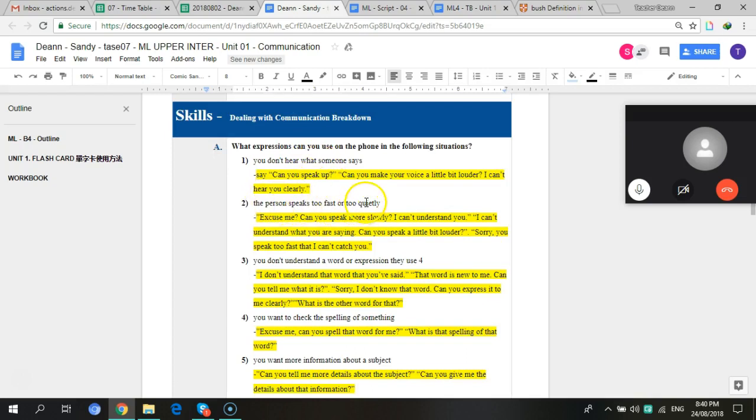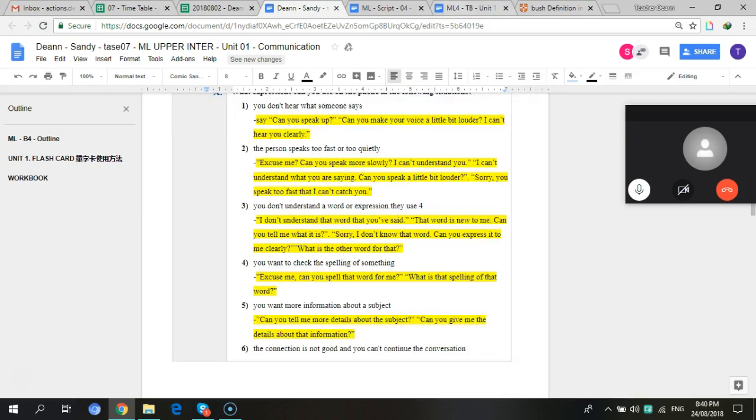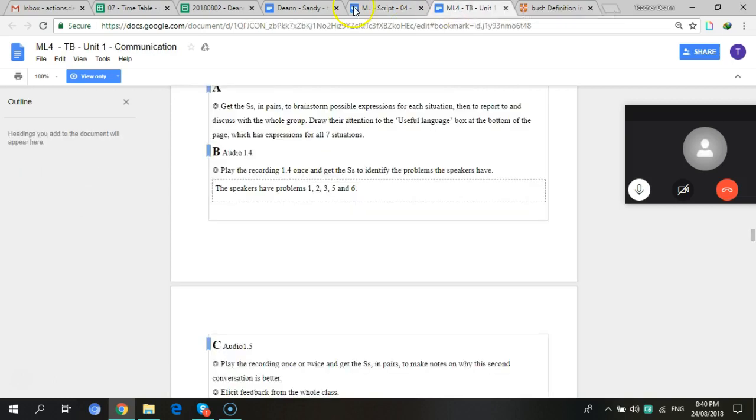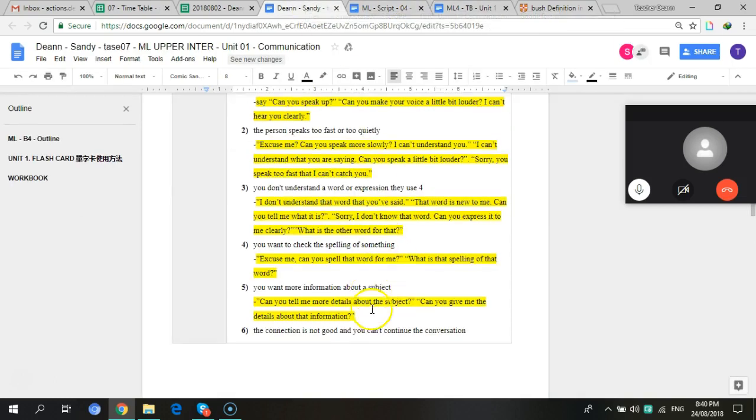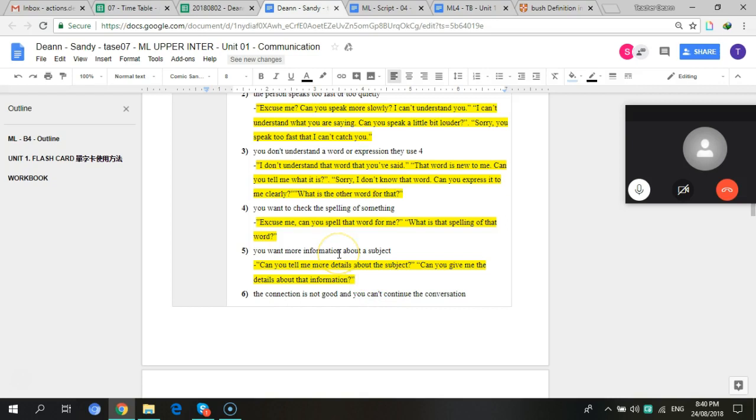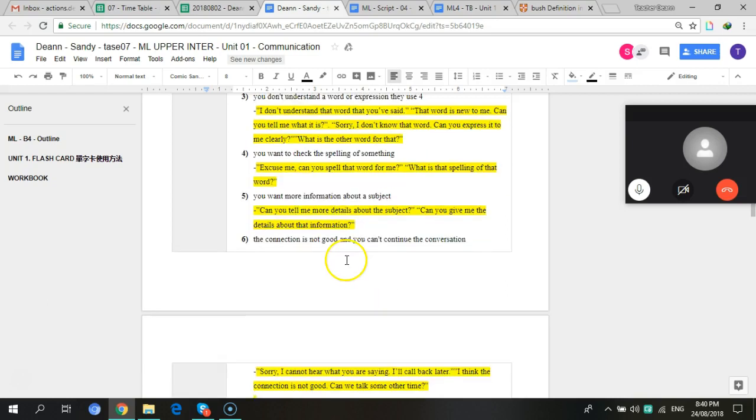The other person speaks too fast. And they do not understand a word or an expression that has been used. And they also have 5 and 6. They want to have more details about the subject, and they drop the conversation because the connection was not good, right?